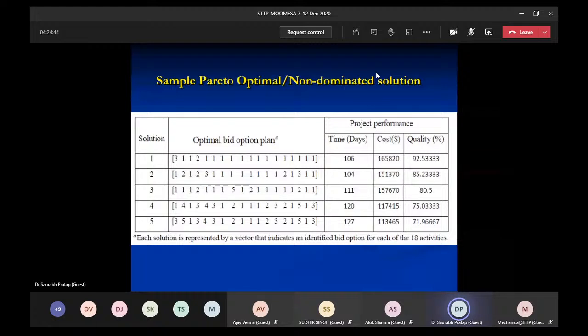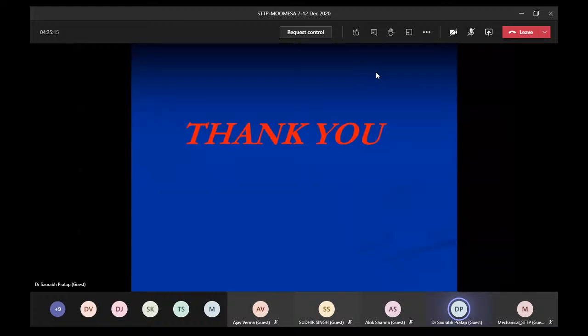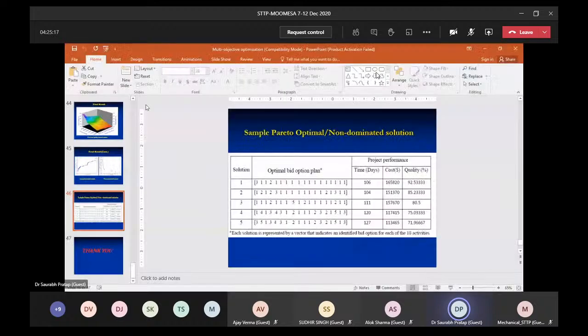Near optimal means that it will not be the exact solution. Whenever we handle multi objective problems, a number of solutions will occur, and those are also near optimal solutions. On the basis of near optimal solutions, we can plan the system and the scenario. So this is a solution. Now I would like to share one practical scenario with you.